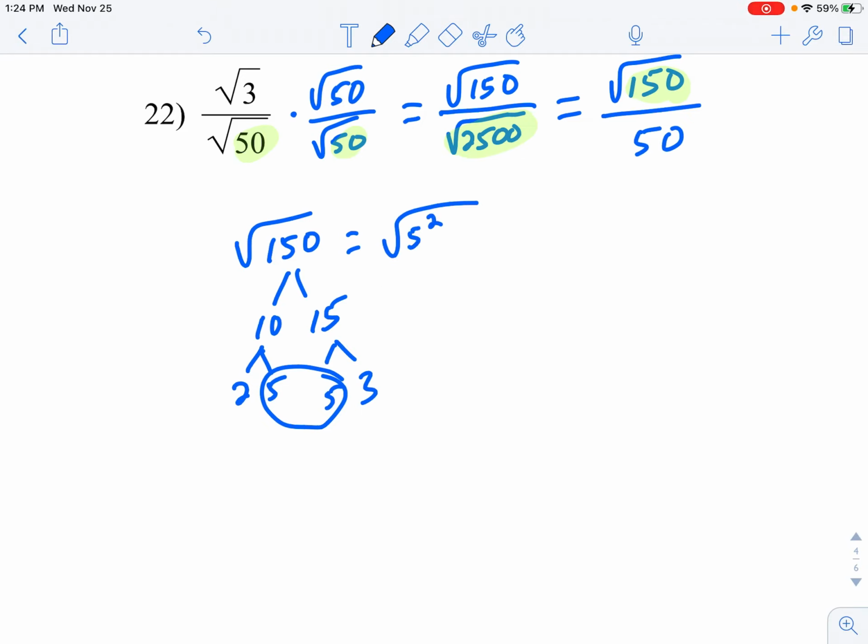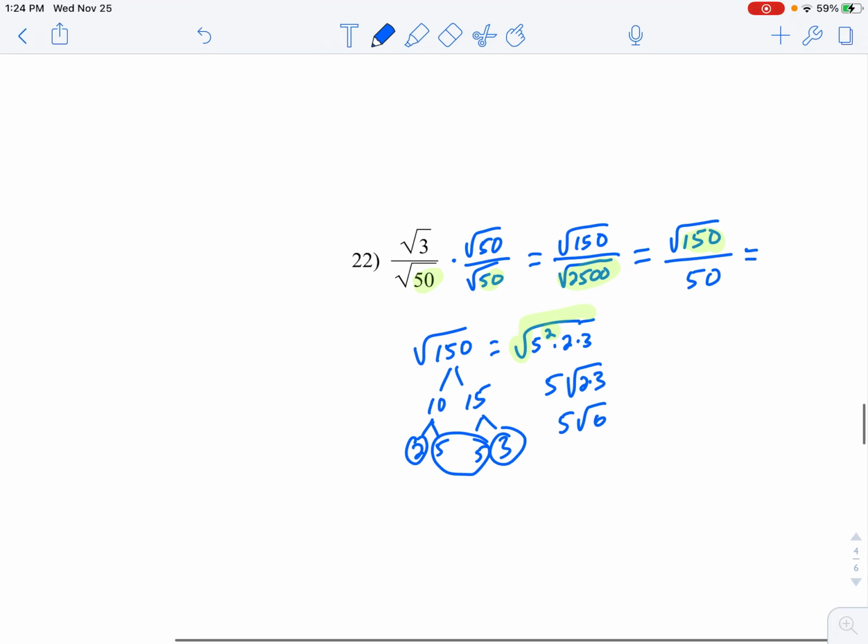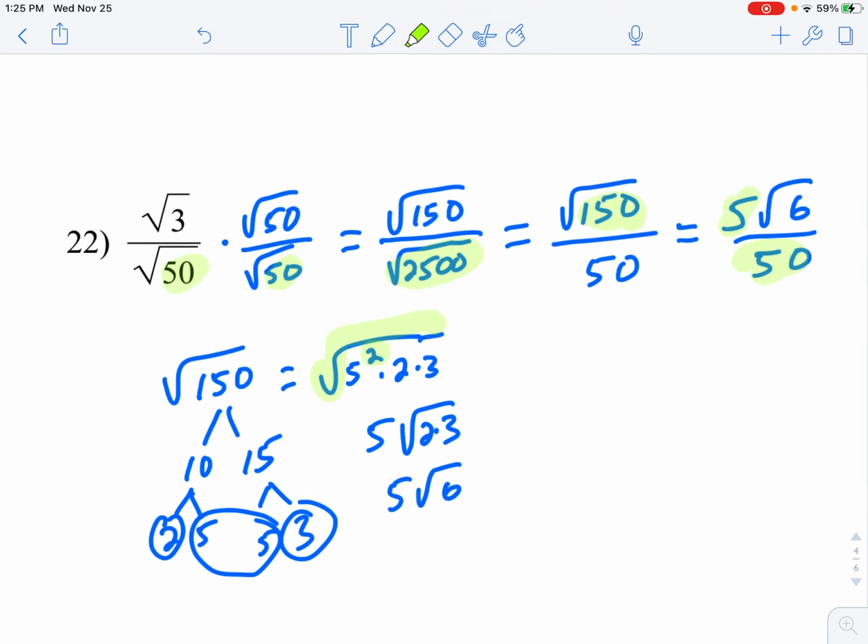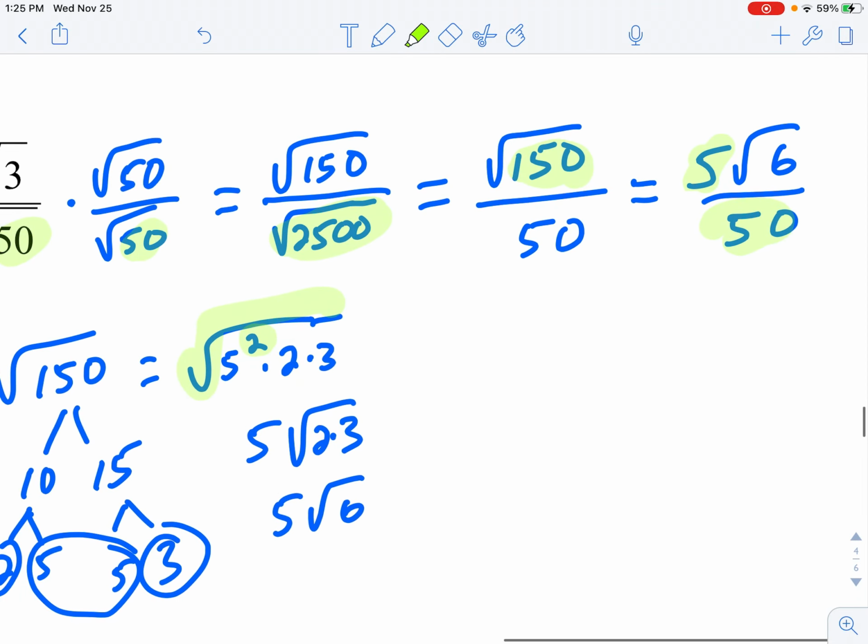So that's 5 squared, and then a 2, and then a 3. Remember, the square root and the square cancel out, so that's 5 radical 2 times 3, which is 5 radical 6. So I can make this 5 radical 6 over 50, and now 5 and 50 reduce, right?